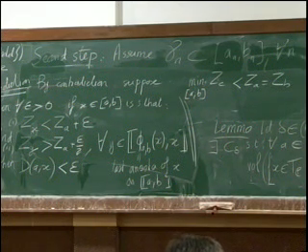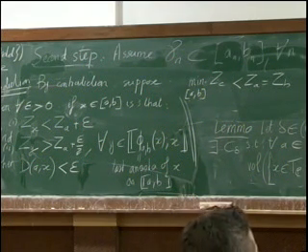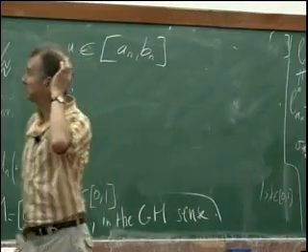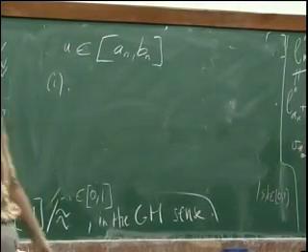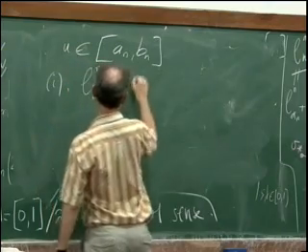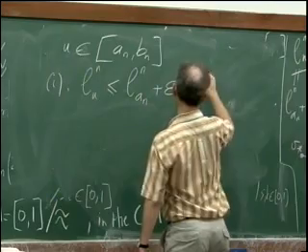So what do you do in the discrete setting? You pick, say, a point u belonging to the interval between an and bn. I just look at the analog of the properties which are there. So I just say that the label of u, I want it to be less than the label of an plus epsilon times n to the power quarter.